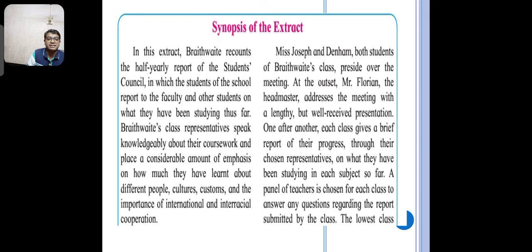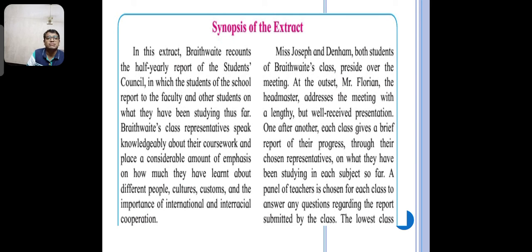That half yearly report of students is examined by the student council, and each and every class has been given different work altogether, different projects and a different exercise.